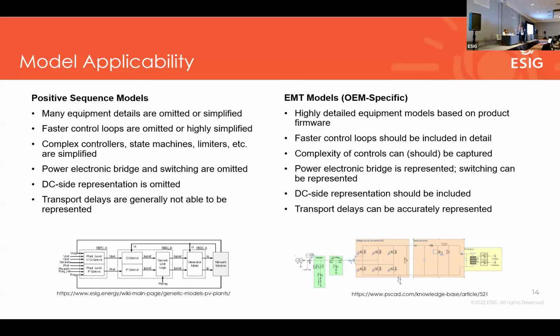And the complex controllers and the limiters are, again, simplified. You don't have the representation of the power circuit. The DC side representation is basically non-existent. And the transport delays boil down to simple first-order lags and things like that.